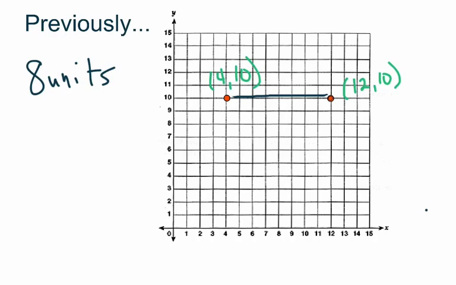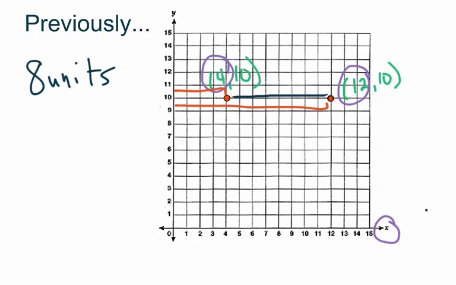So we actually worked on subtracting the ordered pairs to find the length of this line. This is a horizontal line, and our horizontal axis is our x-axis. So we're going to look at our x-coordinate in both of these ordered pairs, which would be 4 and 12. What 4 and 12 mean is 4 is telling us that this first point here is 4 away from the y-axis, and this 12 is telling us that this is 12 away from the y-axis.